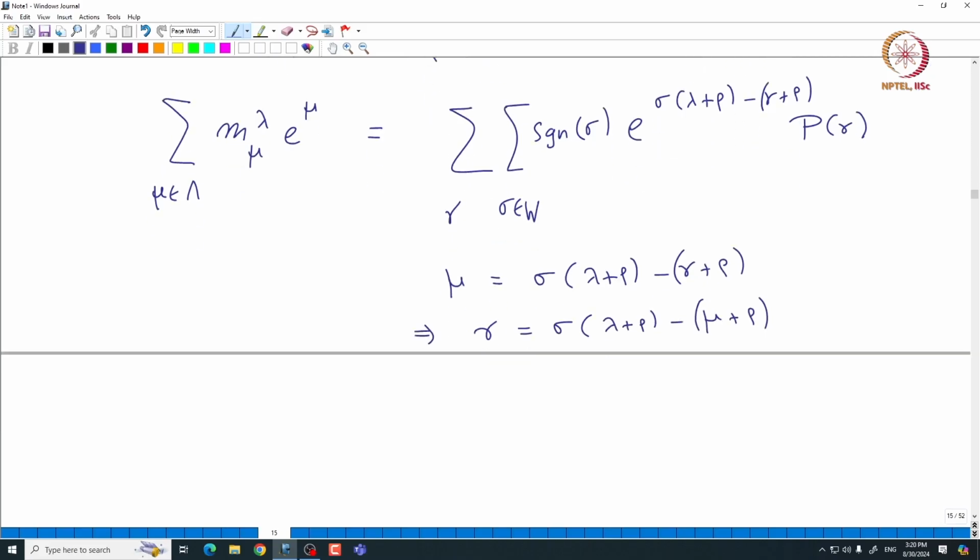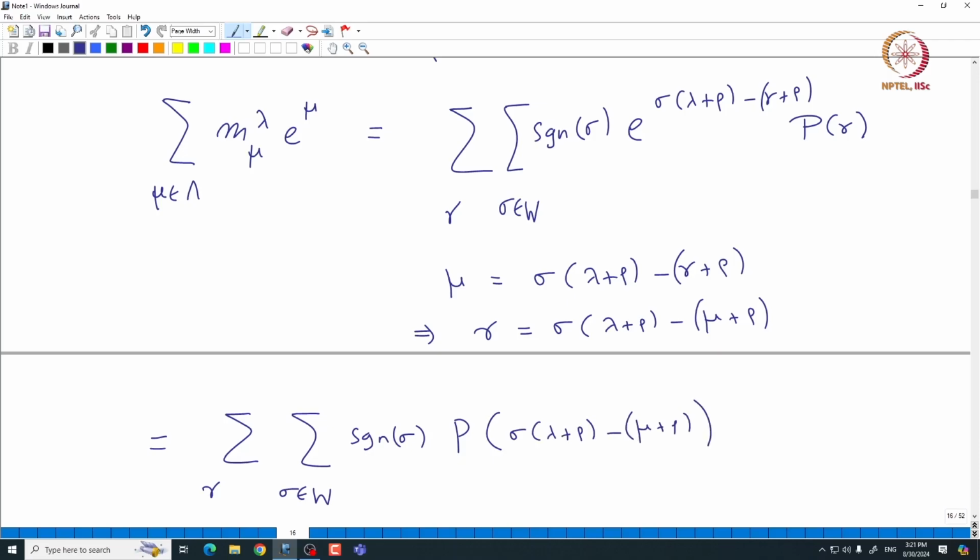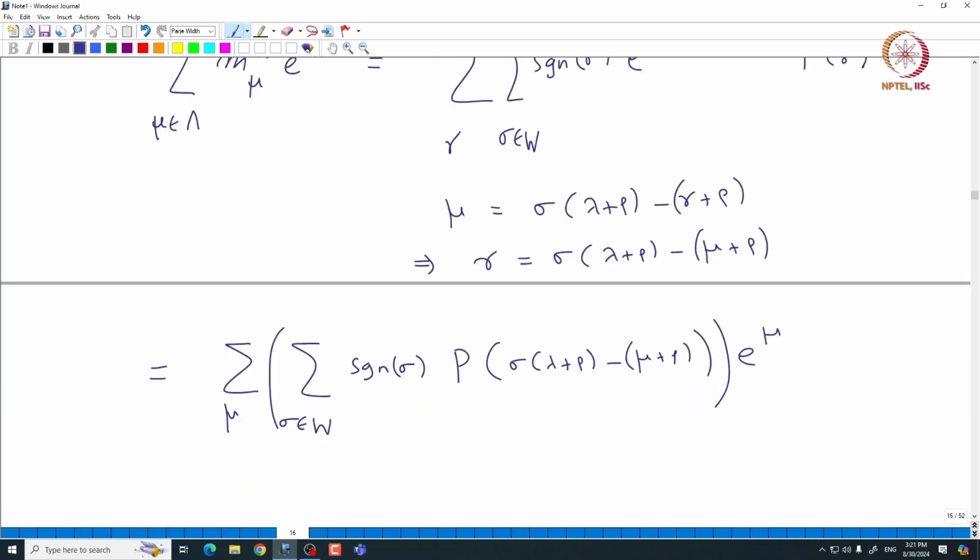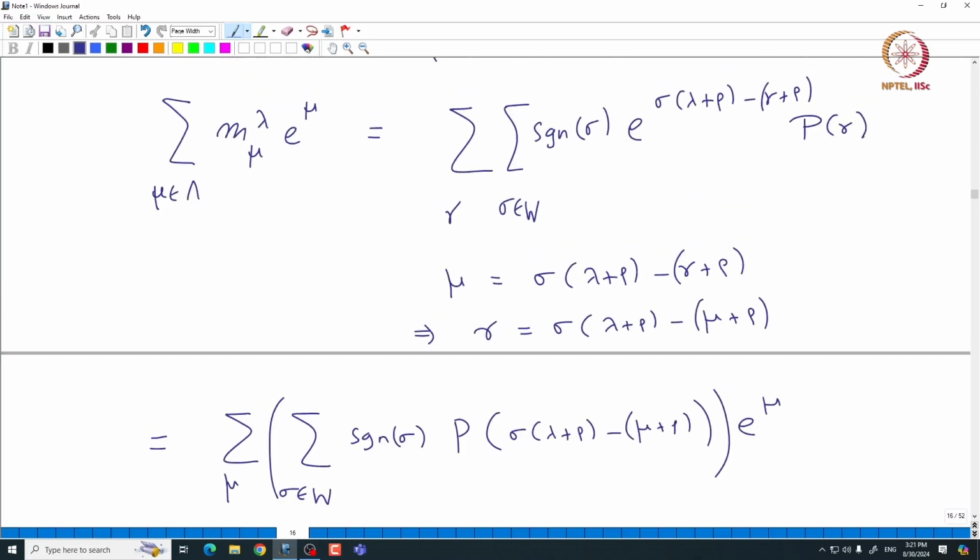If you substitute it back, you can see that the right hand side becomes the summation over gamma, summation over sigma in W, sine sigma, P of sigma of lambda plus rho minus mu plus rho, times e power mu. So this is going to be our coefficient of e power mu on the right side. We are changing the variable gamma to mu.